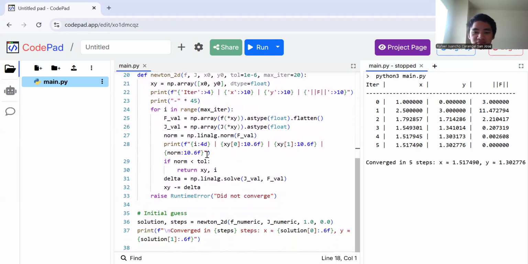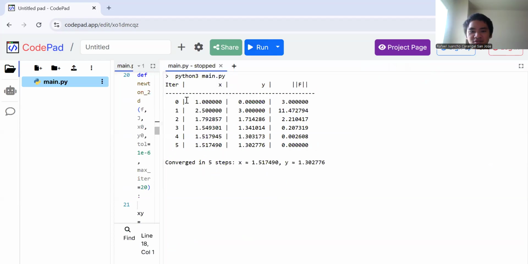So I do it again and again, right? And so when I ran this code, here are the number of iterations. So at first, my x was 1, my y was 0. And then that's my f, which is 3. I keep going, and then I get, for my solution, my x and y. They intersect at these two.